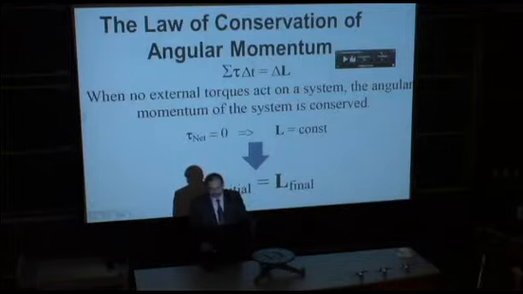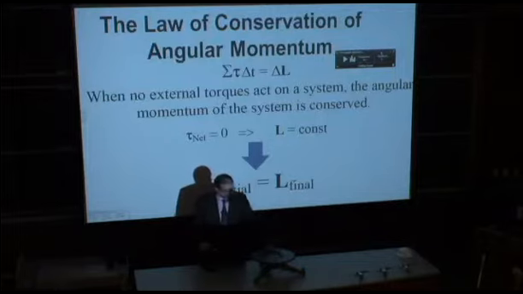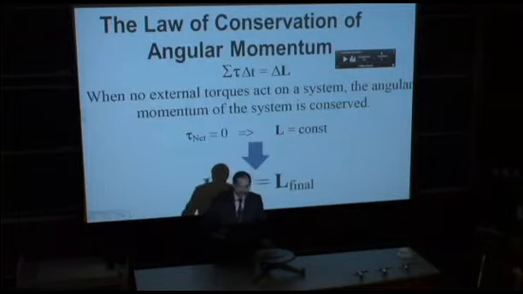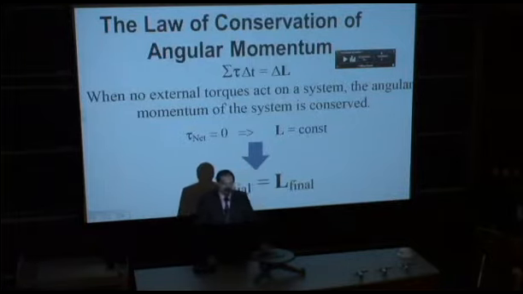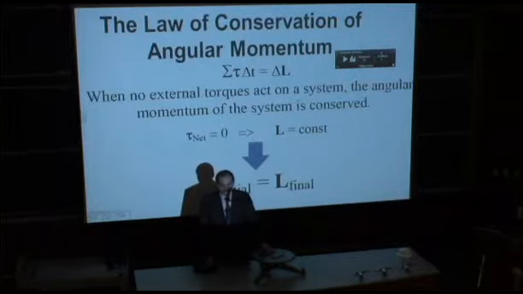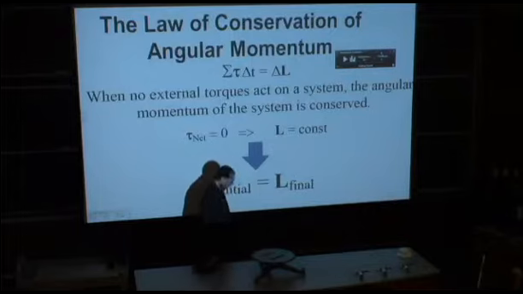But the total angular momentum of the system has to remain the same. So when I let it go and it falls on this disk, what do you think is going to happen to the angular velocity of this disk?